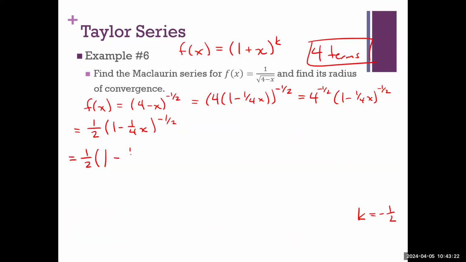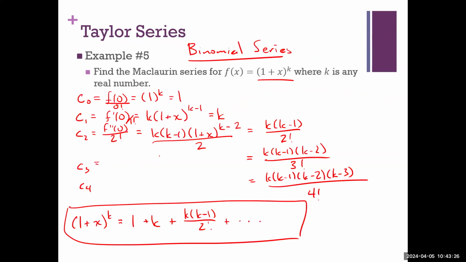So minus 1/2. What's the next term? Oh, I left off something really important here. Oh, so bad. These are all just constants, right? I didn't include the powers of x that need to go with them.